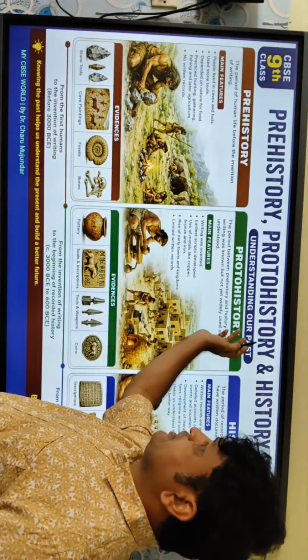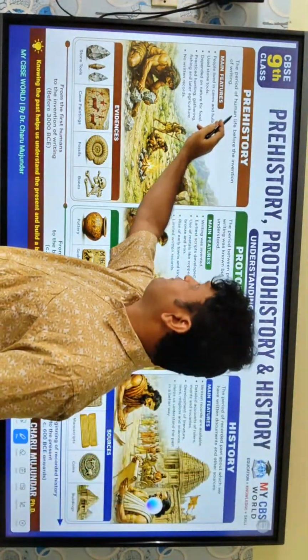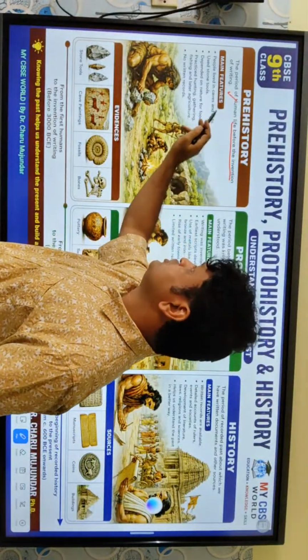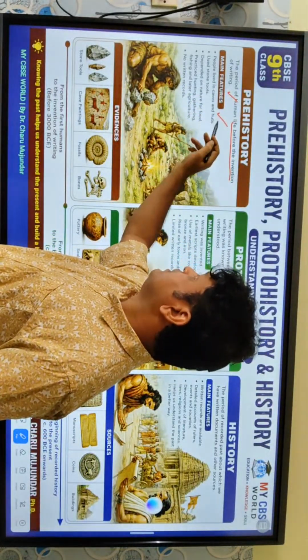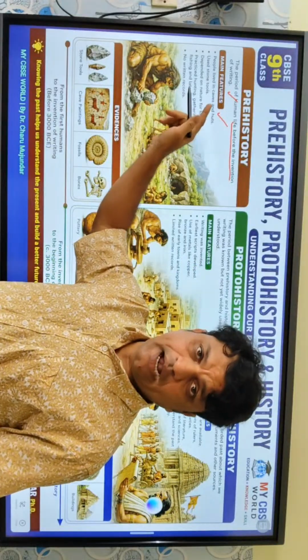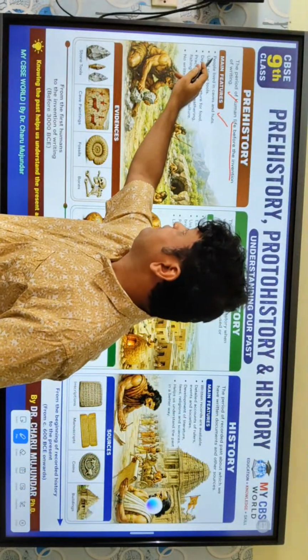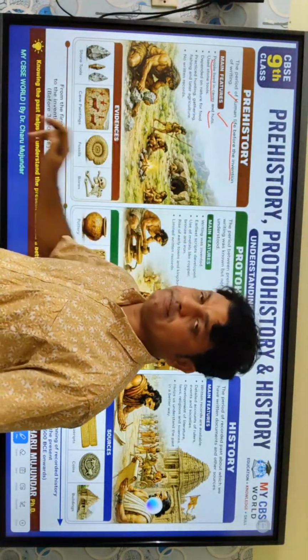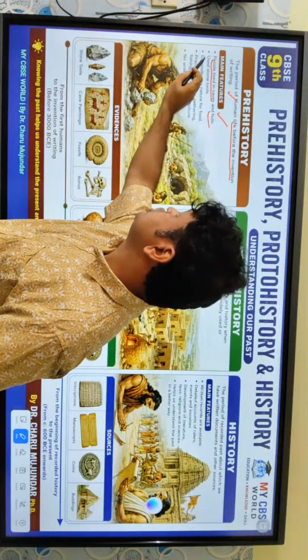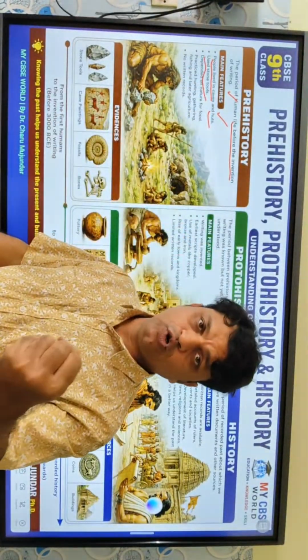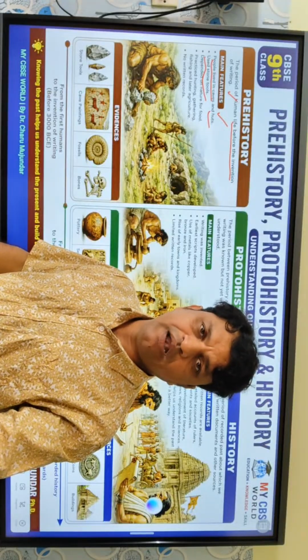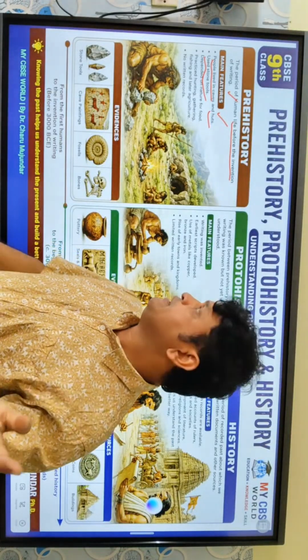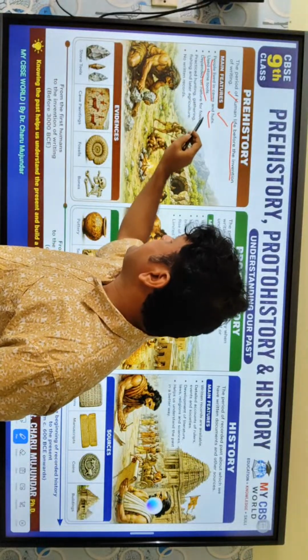Prehistory and protohistory we already discussed. Prehistory is the period of human life before the invention of writing. People lived in caves and huts and used stone tools. I told you about handmade tools like the hand axe, chopper and chopping tools. There are different types of tools. They depended on nature for food.